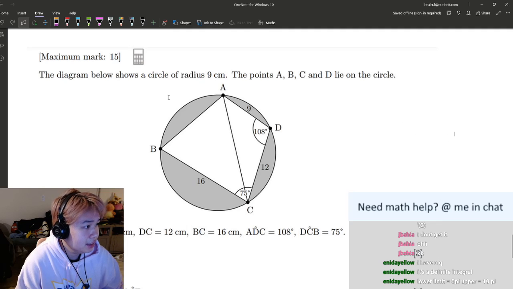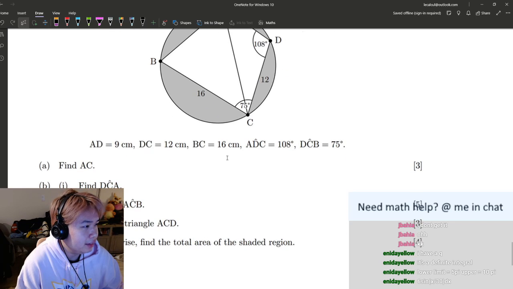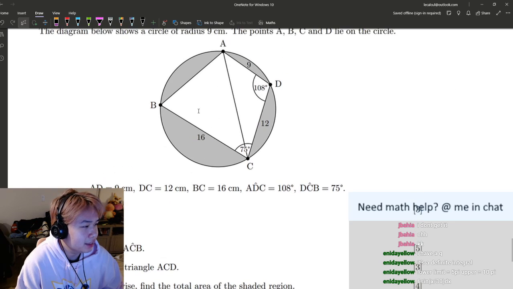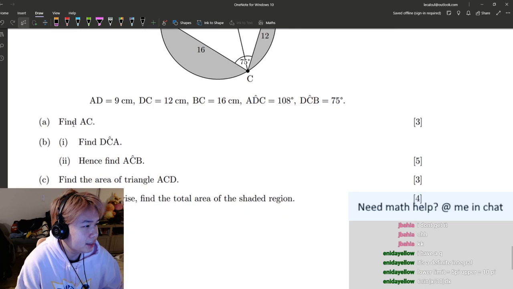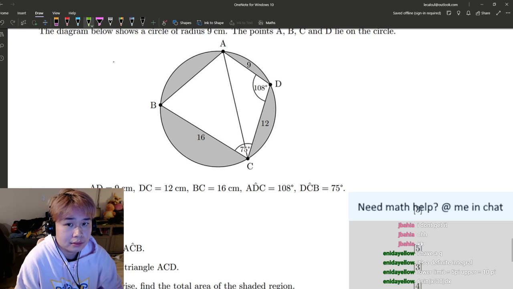So meanwhile, I have this circle right here. And then I have all of these measurements, which I'm assuming are on the picture. Then I need to find AC. So AC... A to C is right here. And then note that it is part of this triangle.